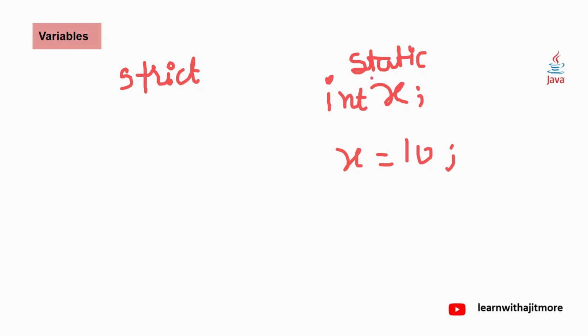Means in short, when we say a language is static type, the name of the variable and the type of the variable is announced at the time of compilation. I hope you know it. Compilation and interpretation. Interpretation means runtime.